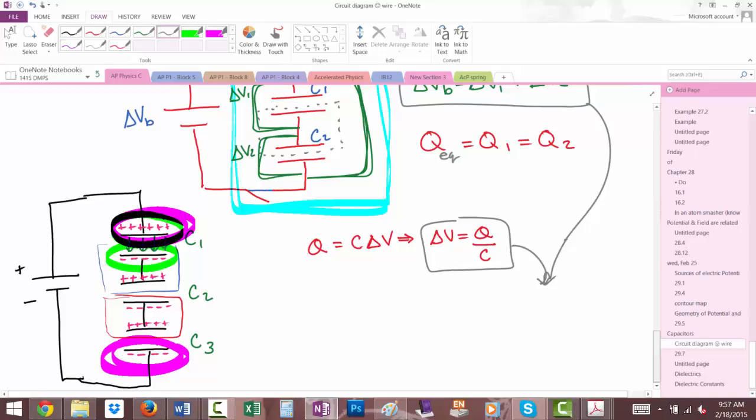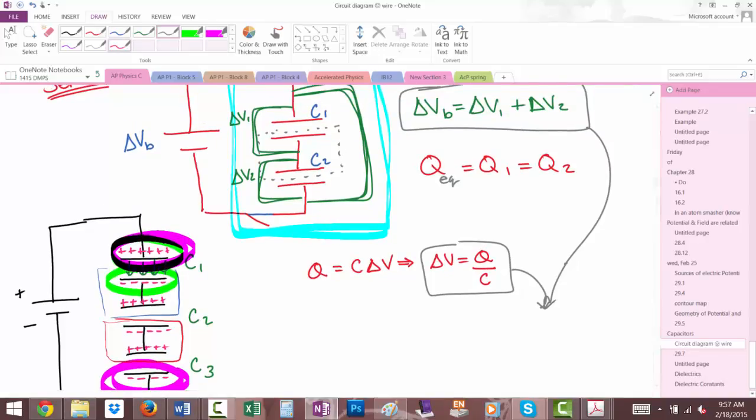So, instead of delta V sub B, I'm going to write, I want more colors, we'll do blue, Q equivalent or Q total divided by C equivalent is equal to Q1 over C1 plus Q2 over C2.